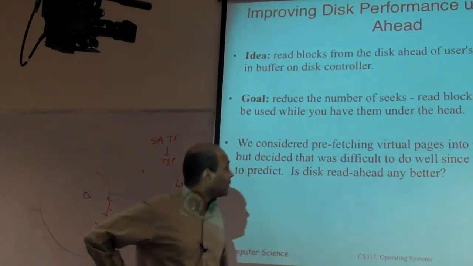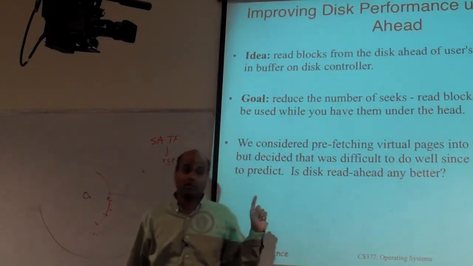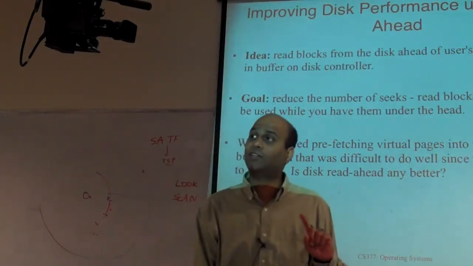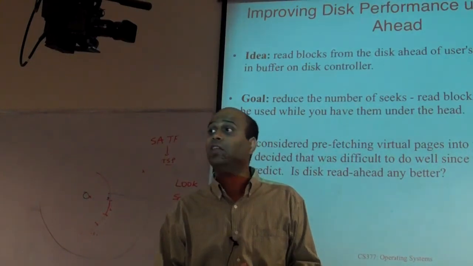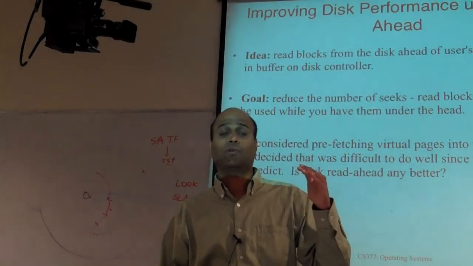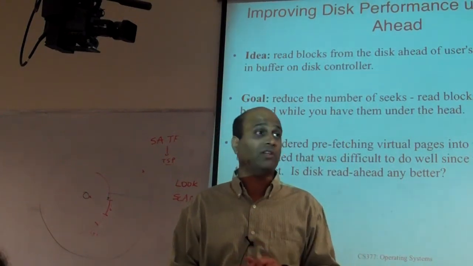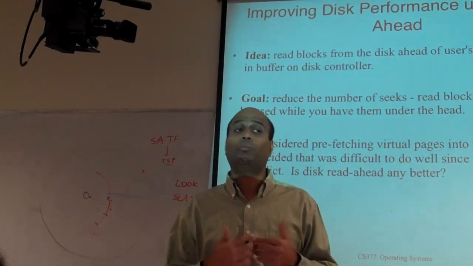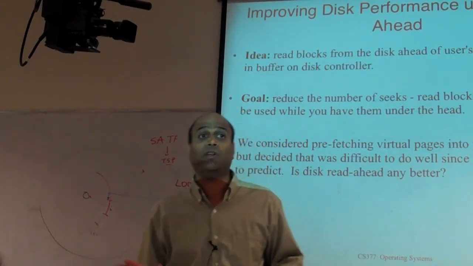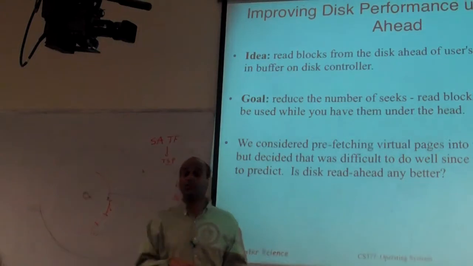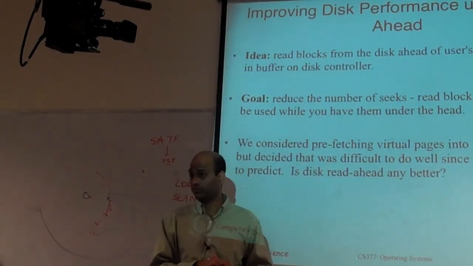So this is hardware level or disk level read ahead. This is somewhat different from what the file system can also do, something also called read ahead. What happens in a file system is, if the file system sees that your process is reading a file sequentially, it will try to prefetch data for you ahead of time. It will start sending requests for the next few blocks of the file, even though the process has not actually requested them.